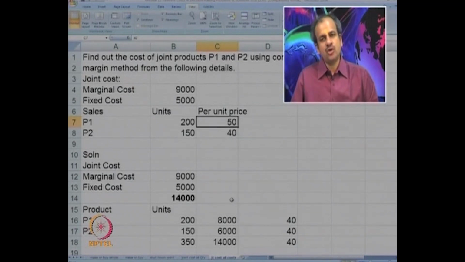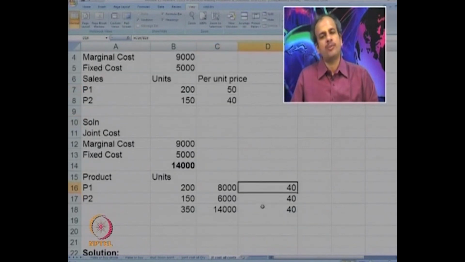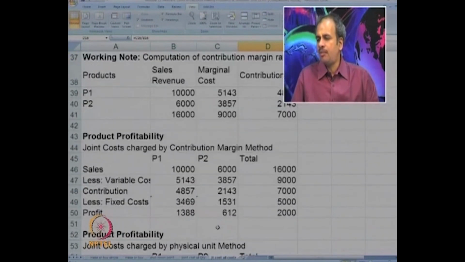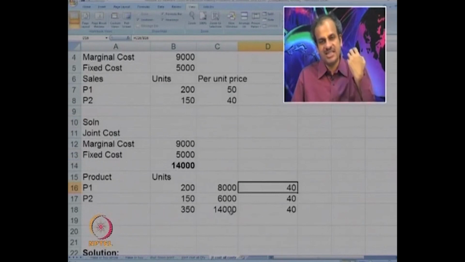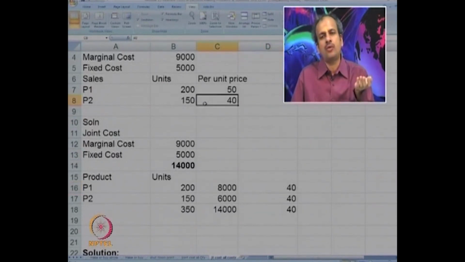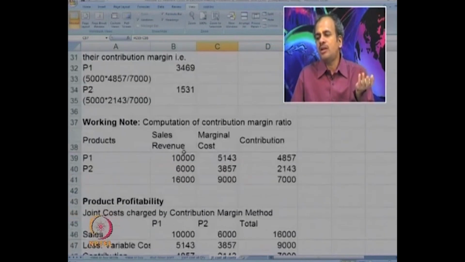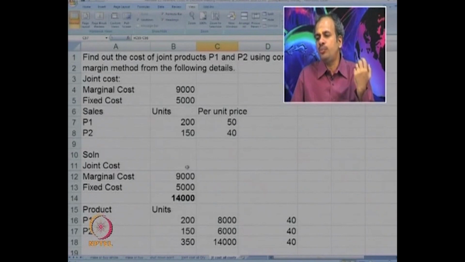And when we charge on per unit basis, we charge 40 rupees for both the products. So there was a shortage. We were not able to charge the same amount. I mean, we were charging the same amount, 40 rupees, whereas the selling price of P2 is also 40. So the profit was 0 for P2. All the profit was shown attributable to P1.